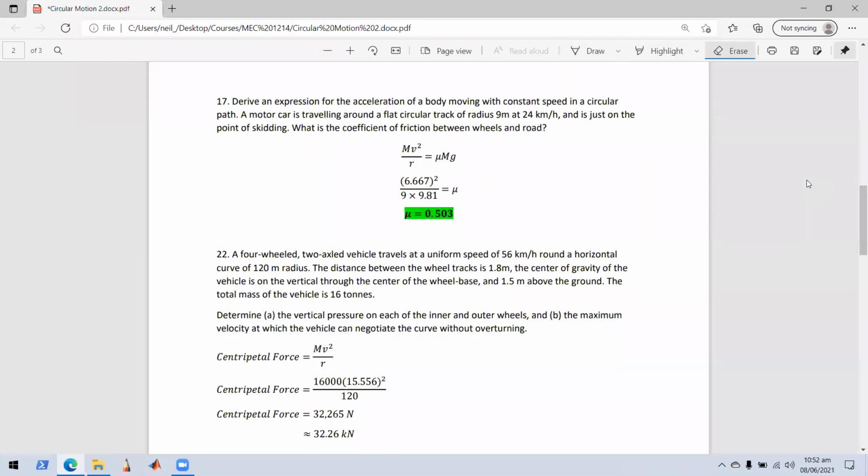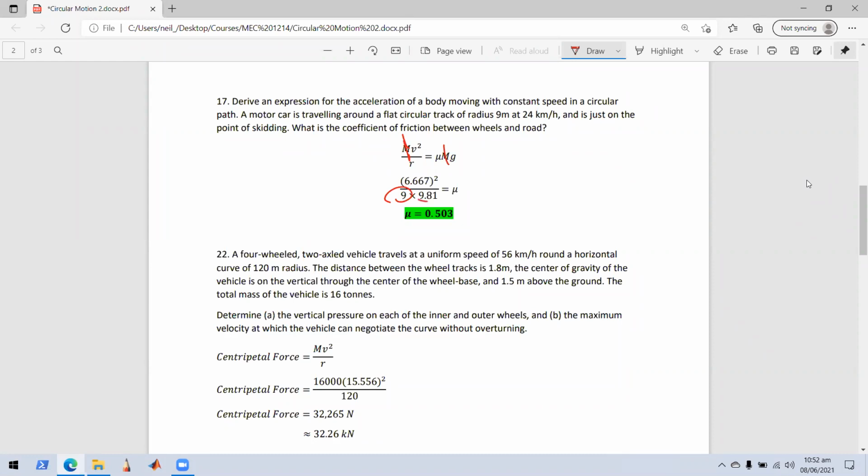Plugging our values in, of course, m cancels out with m. Even though they didn't give us the mass, we know it cancels out because it's the same mass either way. And then we put g in, the radius is 9 meters.